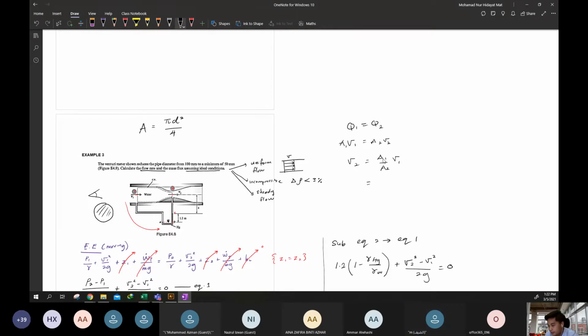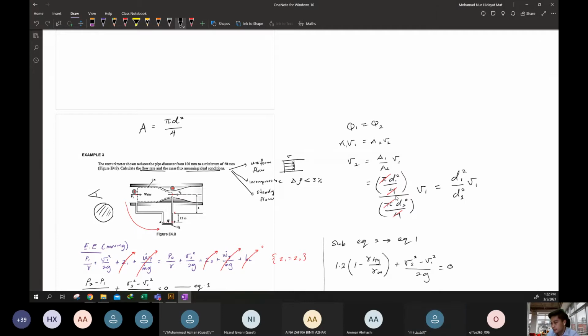Alright, so substitute area 1, which is pi d_1 squared over 4, over pi d_2 squared over 4, multiplied with V_1. From here we can cancel out pi, 4 and 4. And finally we'll have d_1 over d_2, squared, times V_1.